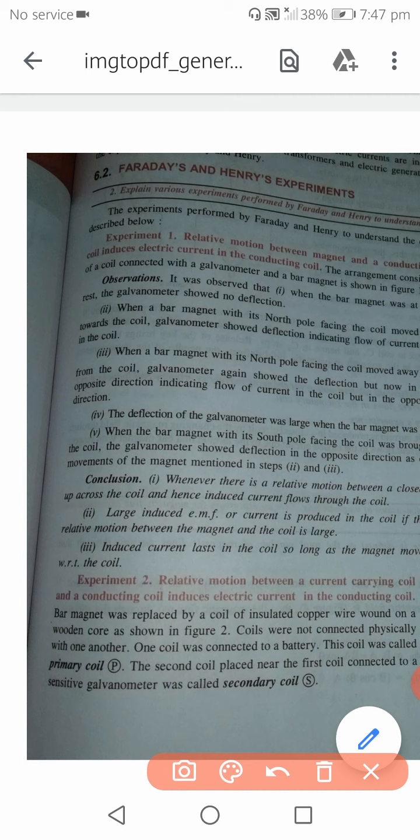Next, conclusion from this experiment. What conclusion was drawn? The conclusion is that whenever there is a relative motion between a closed coil, this one, and a magnet, this one, induced EMF is set up across the coil, and hence induced current flows through it.